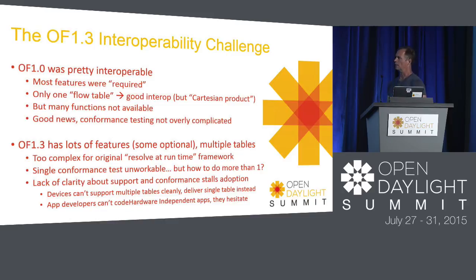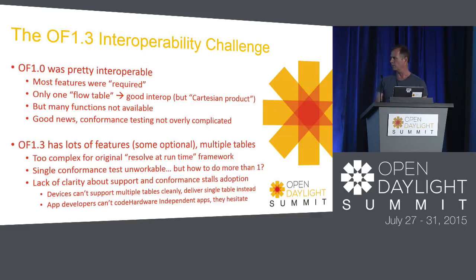So now to talk a little bit about what's driving this. What do TTPs bring to interoperability? OpenFlow 1.3 introduced an interoperability challenge. 1.0 was pretty simple, pretty interoperable. Pretty much all the features were required, so there wasn't ambiguity about whether a feature was present or not. There's a single flow table.